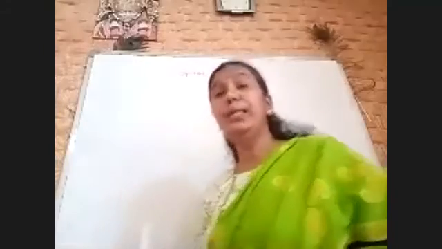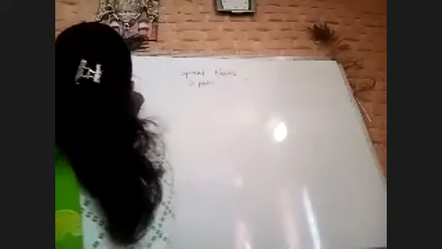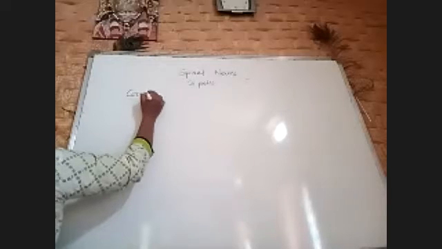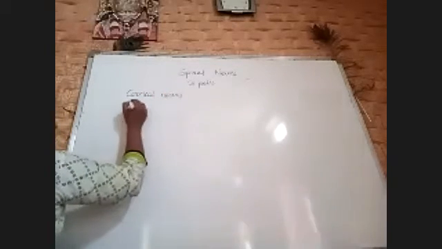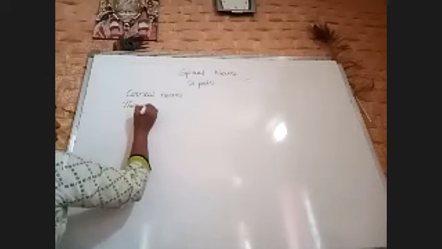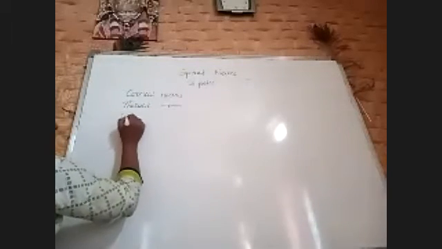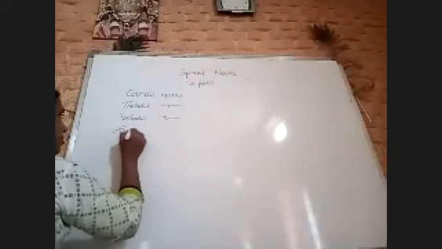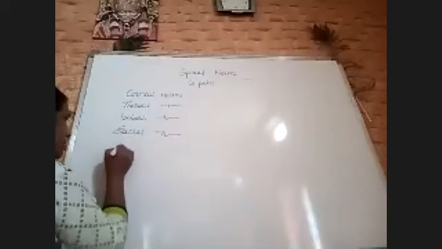Okay? Spinal nerves, they are 31 pairs. So these are categorized like this: cervical nerves, thoracic nerves, after that lumbar nerves, sacral nerves, and the last one is the coccygeal.